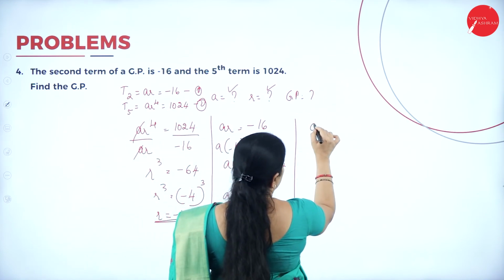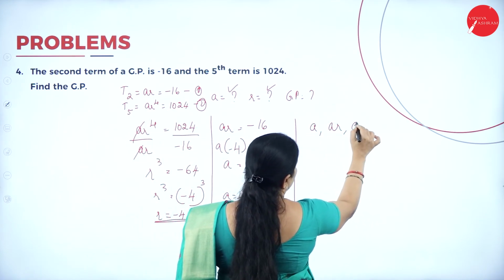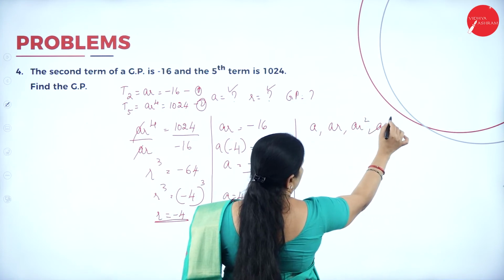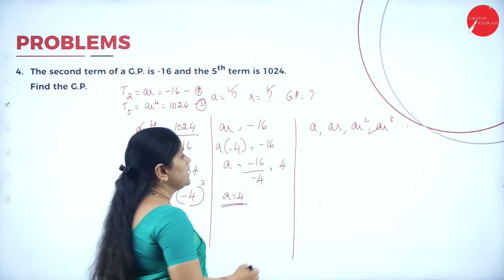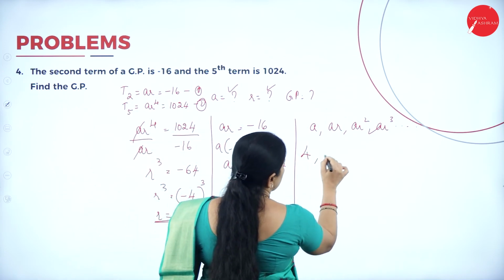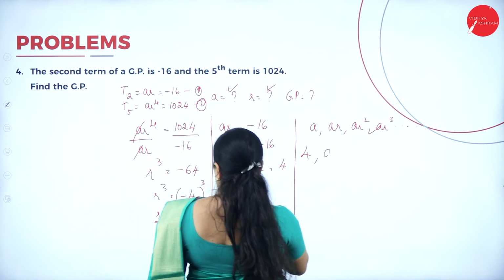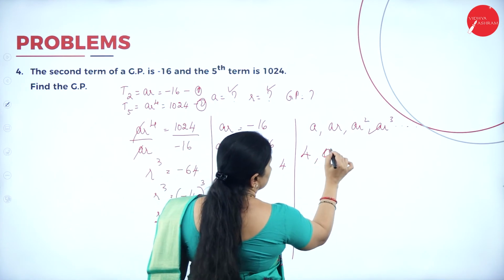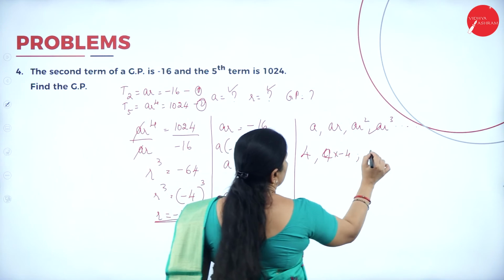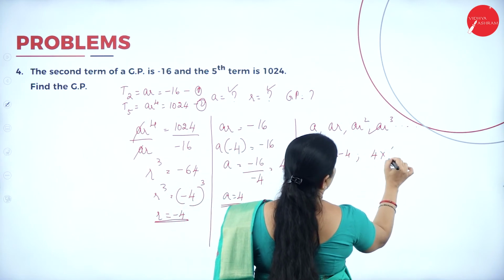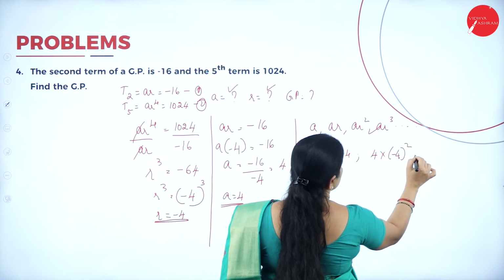So GP will be A, AR, AR square, AR cube, and so on. Now what is A? A is 4. Now what is AR? So A into R will be 4 into minus 4. Then AR square will be 4 into minus 4 the whole square.